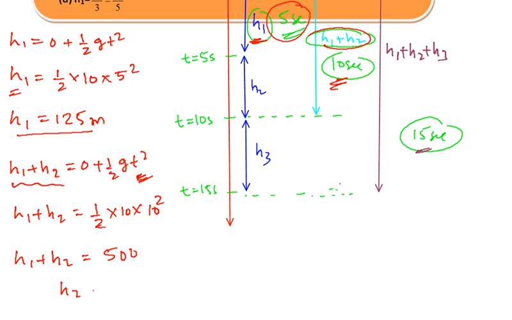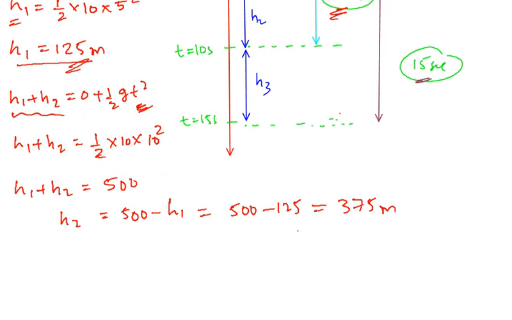I need the h2 value. You can write 500 minus h1. h1 is 125, therefore 500 minus 125 is 375 meter. So h2 equals 375. Now, can you write this h2 value in terms of the h1 value?